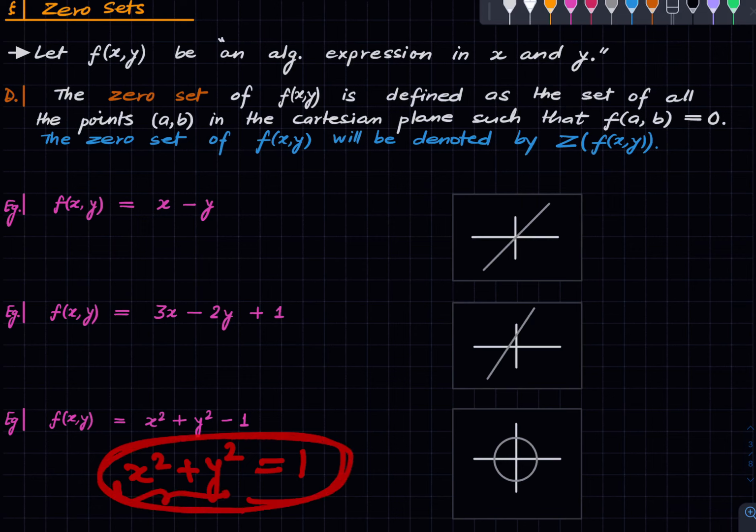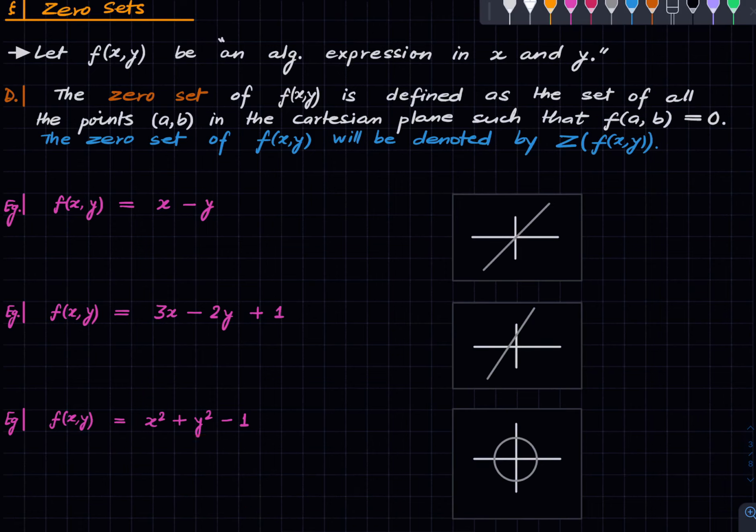But if you interpret this as the square of the distance from the origin, then all we are asking is, what are all the points whose square of the distance from the origin is 1, which is same as asking the distance from the origin being equal to 1. And therefore, it is this set of points, all the points lying on this circle, which is of radius 1 and centered at the origin. So three very simple examples illustrating the concept of the zero set.